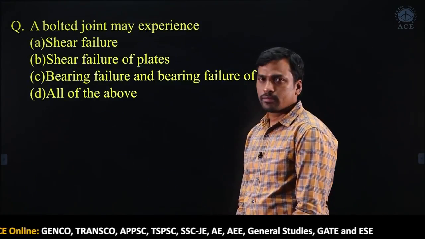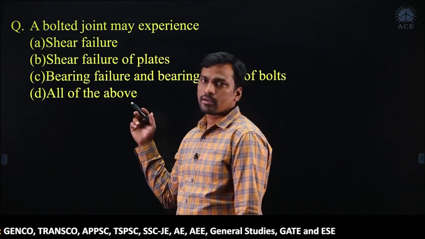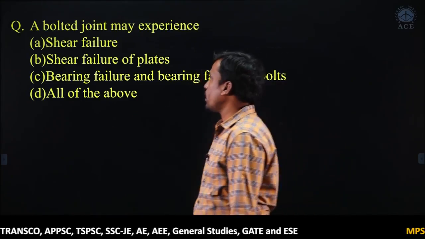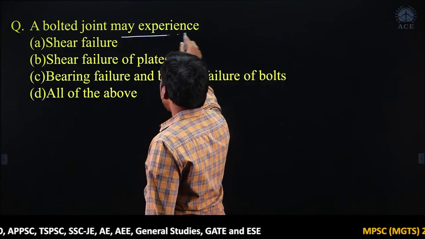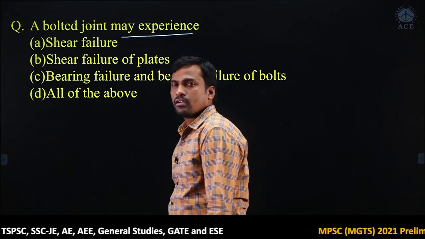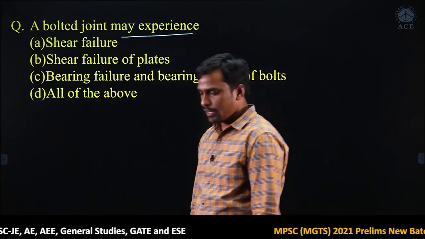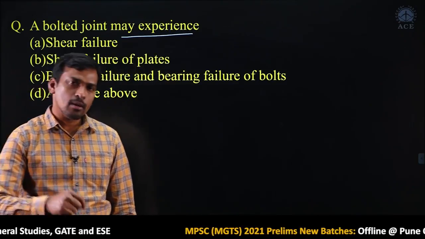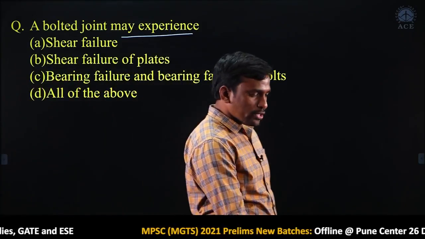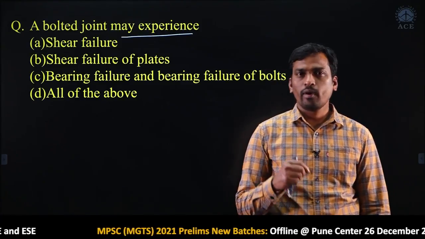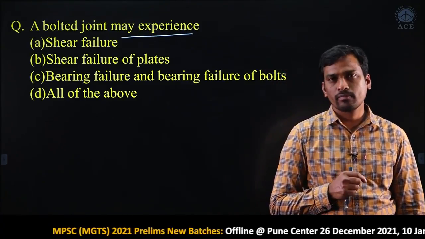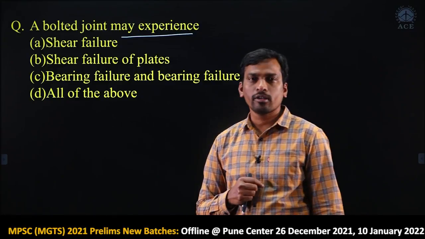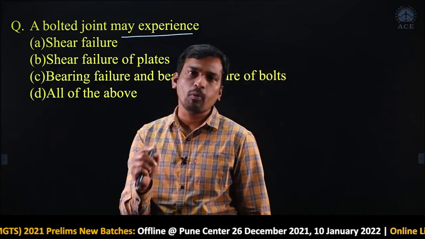Next question, also from bolted connection. A bolted joint may experience failures. I gave two types of failures: bolt failure and plate failure. Bolt failures are three types: shear failure of bolt, bearing failure of bolt, and tension failure of bolt.